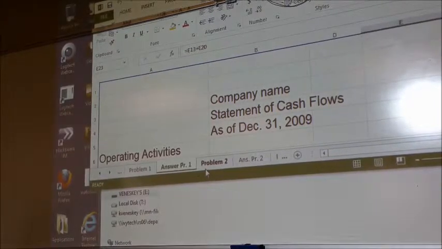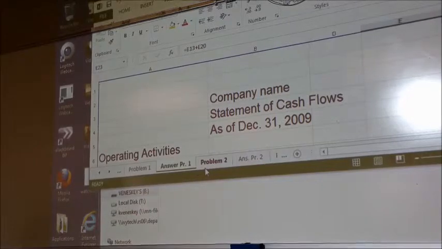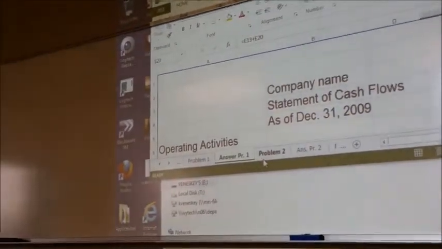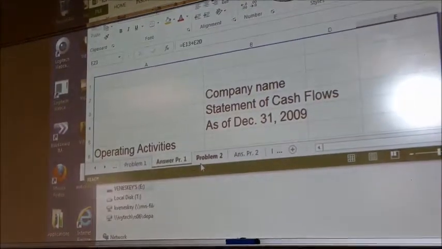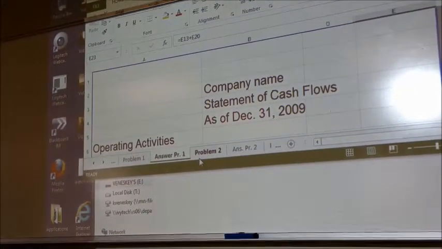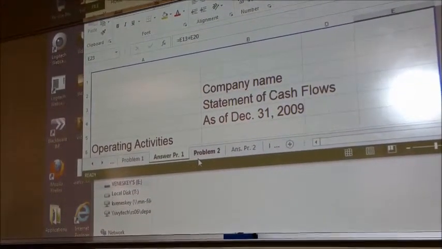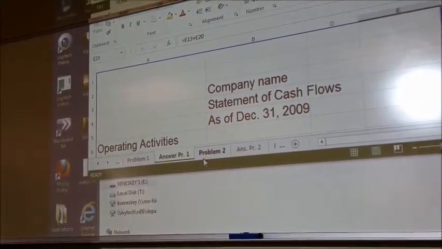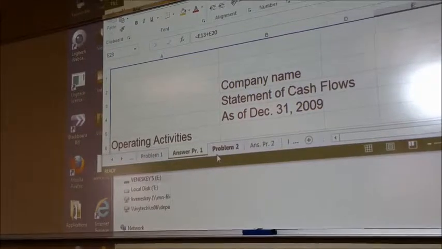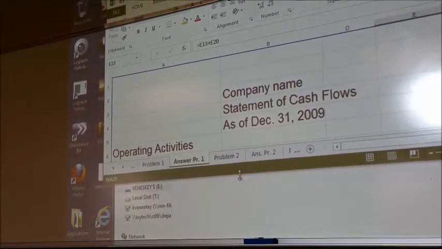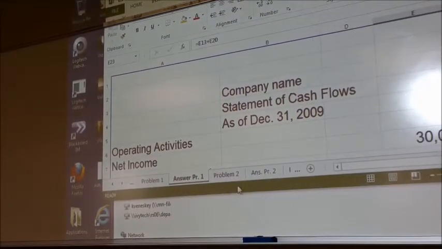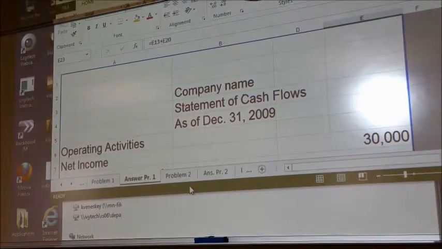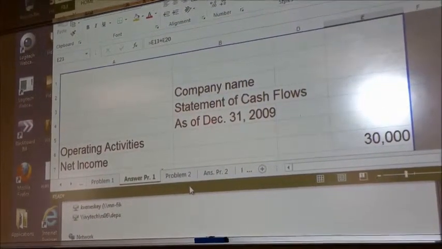We start our first section, the operating section, and look back. What is the first thing, what's my base thing that I always start out with on every statement of cash flows? I'm going to start with the net income. That'll go out there in my total column, just like we did with revenues. We had a total column and then a subtotal.